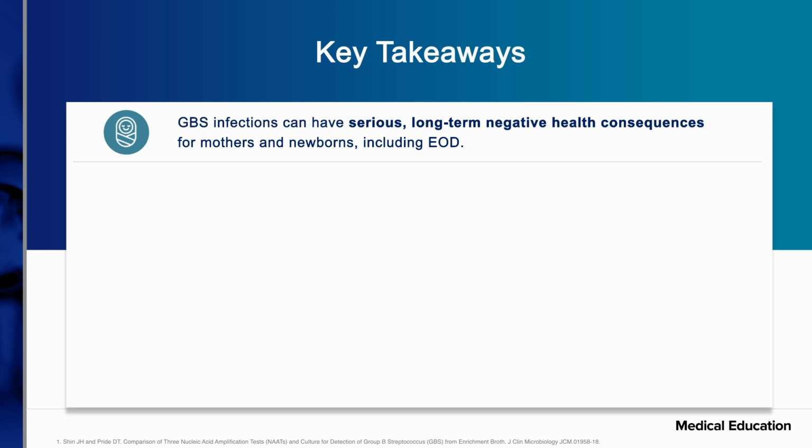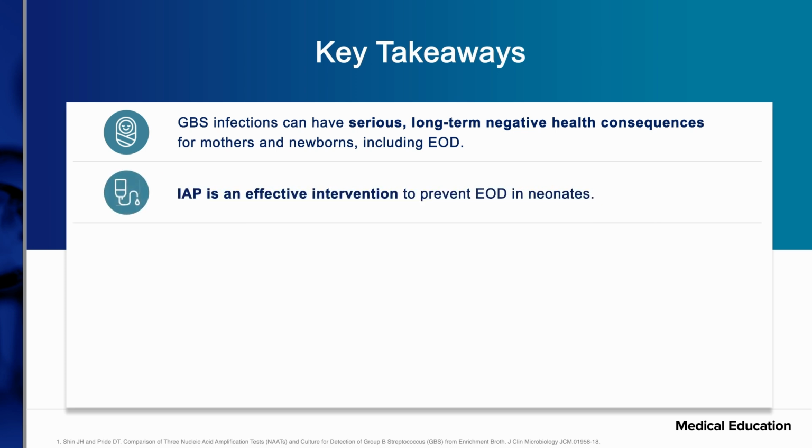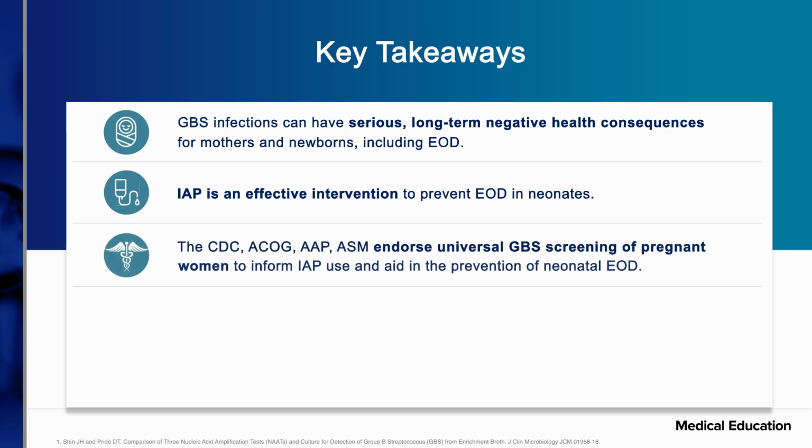It's clear that IAP is a really effective intervention for prevention of early onset disease in neonates. But of course, IAP is, for the most part, driven by detecting group B strep, right? And so CDC, ACOG, AAP, and ASM all endorse universal group B strep screening of pregnant women to inform the use of IAP and also aid in the prevention of early onset disease.